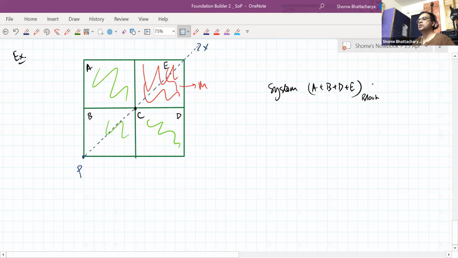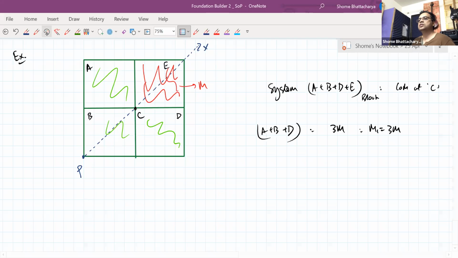The center of mass would have been at C. Now if I take these three blocks, A plus B plus D, it is a mass 3m, so that is my M1 equal to 3m.